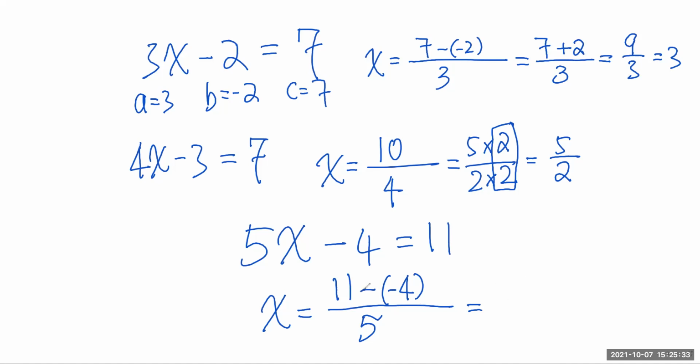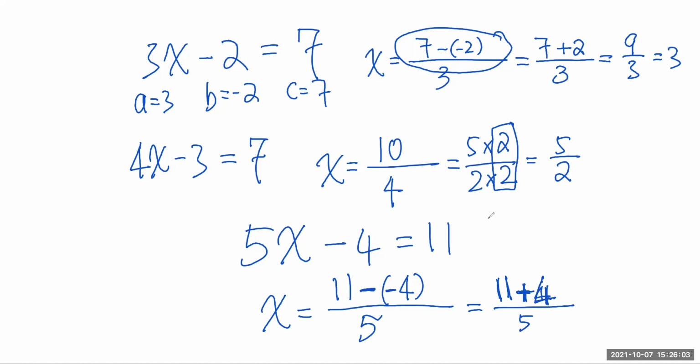So minus minus, that's positive, that's adding 4. Good. Just like we did on here, 7 minus negative 2 is 7 plus 2. Now 11 minus negative 4 is 11 plus 4.